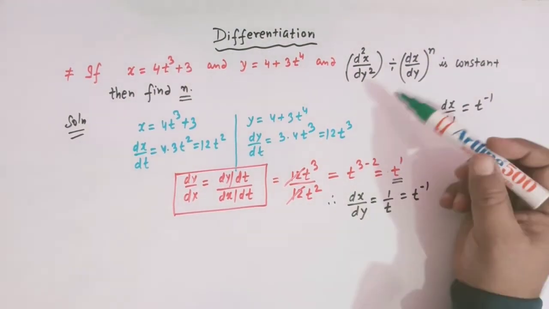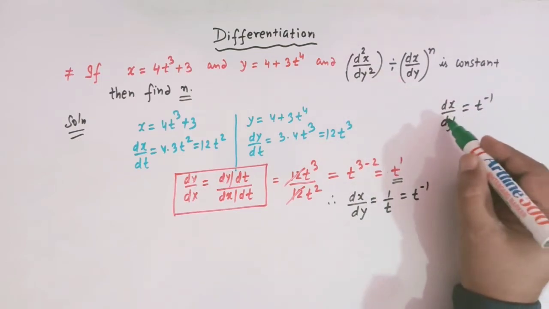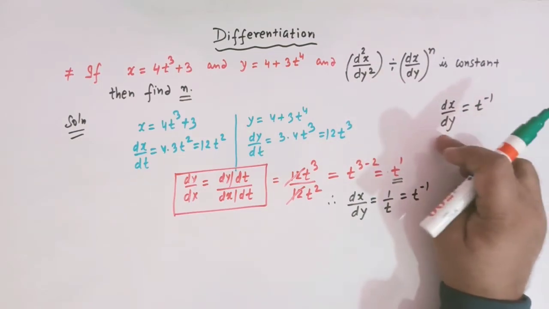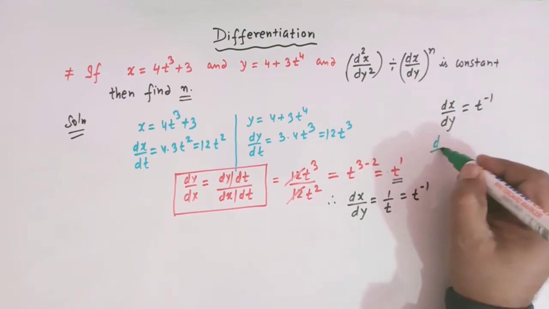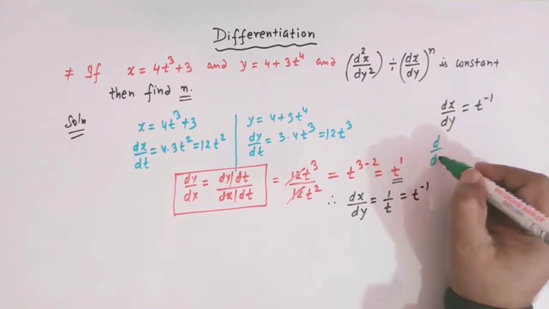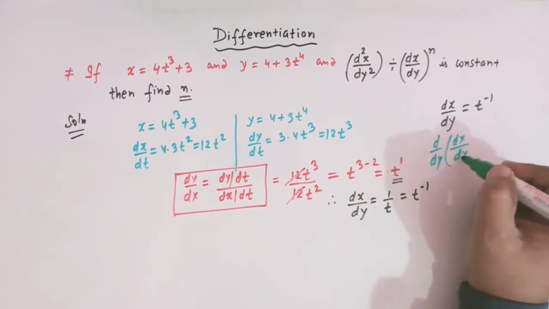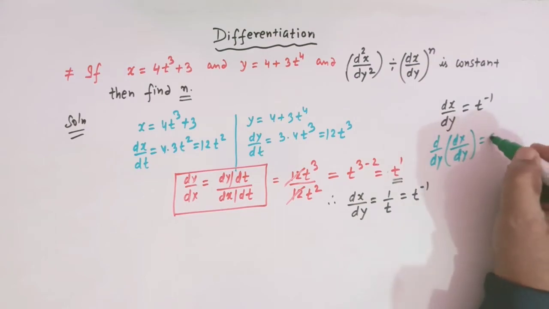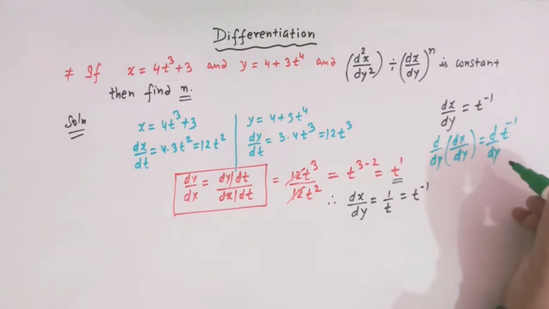To find the value of d²x/dy², we will differentiate both sides with respect to y. So we have d/dy of dx/dy, and on the other side d/dy of t⁻¹.